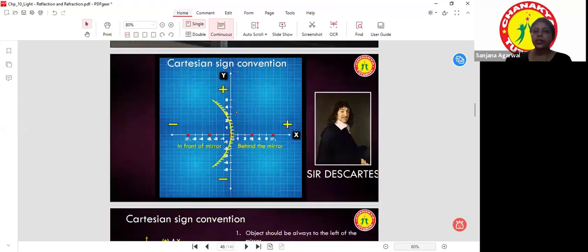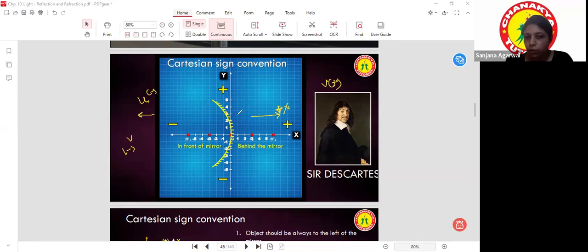Now the Cartesian sign convention, children. It's very simple, as I've already given you an idea. Keep a Cartesian plane in your mind. Whenever you move towards the right, it is positive. The object will always be kept towards the negative side only. The image will sometimes be obtained on the positive side.